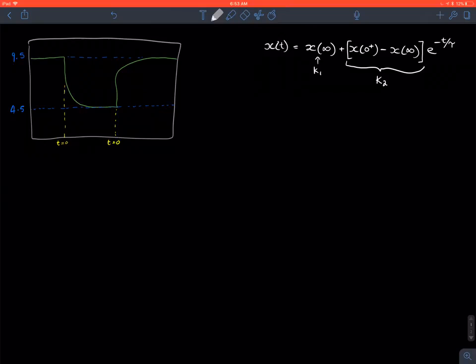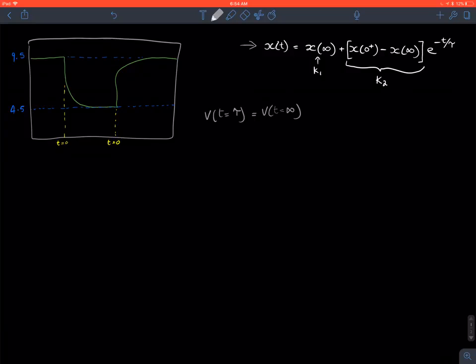So if you think about it, this is our equation that we went through in class, and we'll convert it to v's, but what you have is v of t equals tau is equal to v when t is equal to infinity. We'll talk about those in a little bit.